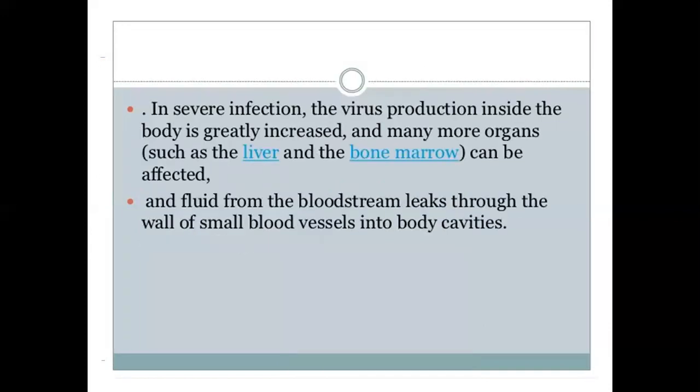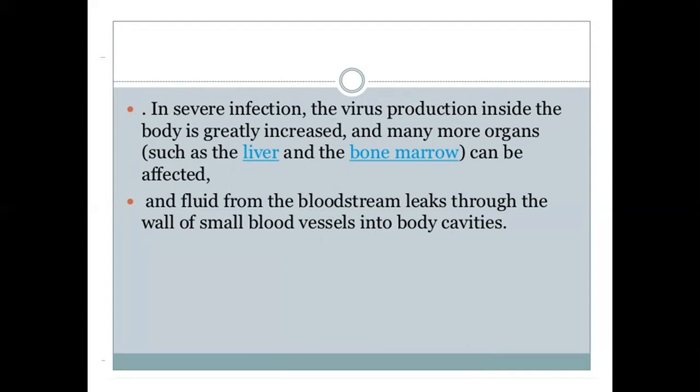In severe infections, virus production inside the body is greatly increased, and many more organs such as liver and bone marrow can be affected. So they are not only affecting our immune system, but also the other organs of our body.